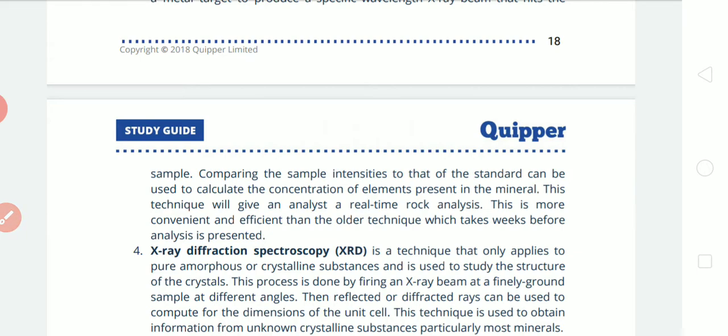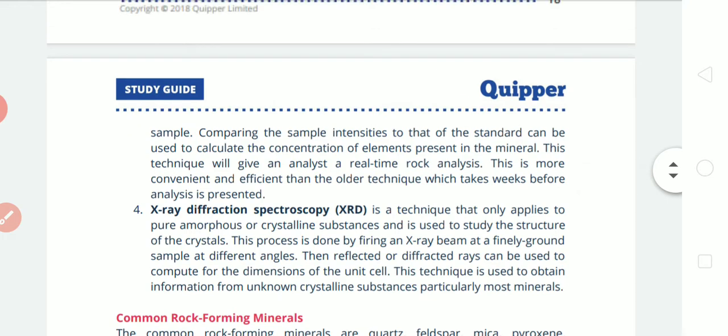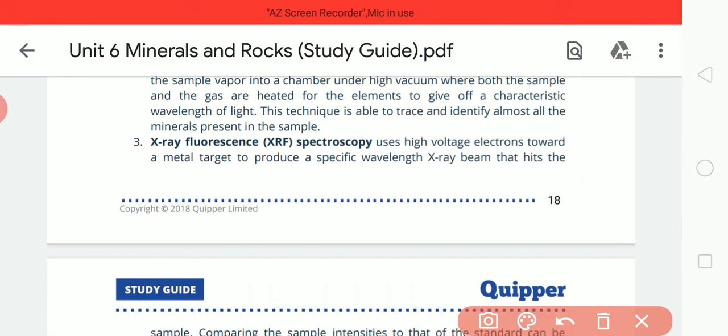Comparing the sample intensities with the standard can be used to calculate the concentration of elements present in the mineral. This technique will give an analyst a real-time rock analysis, and this is more convenient and efficient than the older technique, which takes weeks before analysis is presented. So, the X-ray fluorescence uses high voltage electrons.